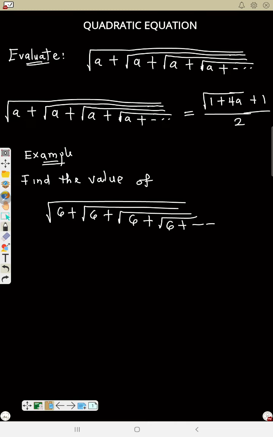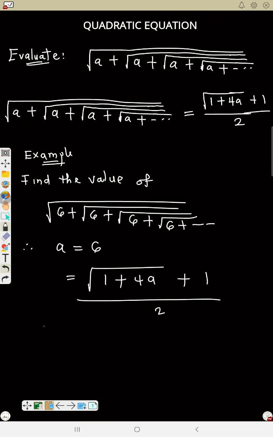Since we have shown this formula, in this case you can say root a, and in my formula I have 4a. So if I substitute here, a is equal to 6. So if I put it in that equation, this will be square root of 1 plus 4a, plus 1, divided by 2.